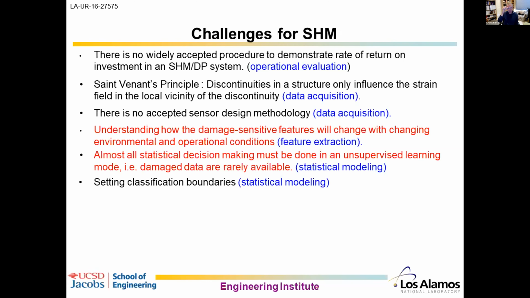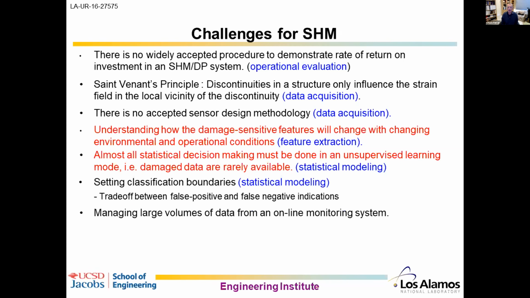All right, so then there's some other ones. How do we set classification boundaries when we're trying to do our decision making? That's always going to involve trade-offs between acceptable levels of false positive or false negative indications of damage. And if we're going to really do this autonomous online monitoring, we're going to get large volumes of data. And we have to think about how we are going to manage all that data. One thing that we can do is look at how others manage large volumes of data.